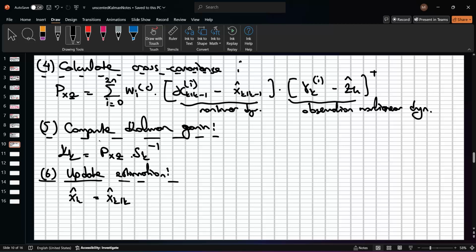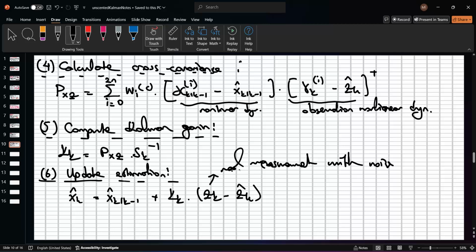Okay? Plus K times zk minus zk hat. Okay? The zk is the real measurement with noise. This is the real measurement with noise.